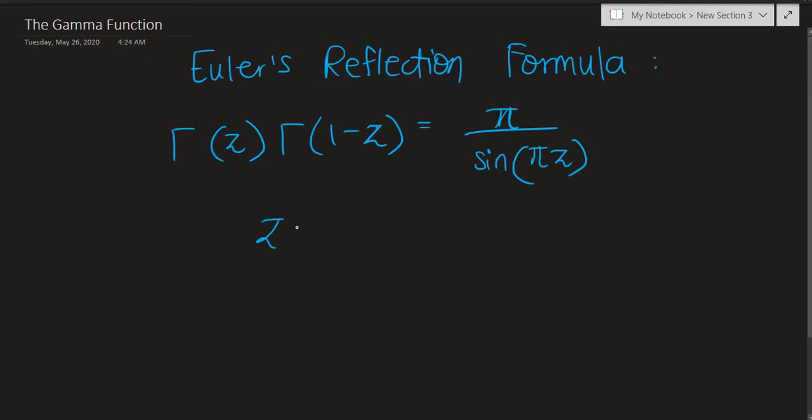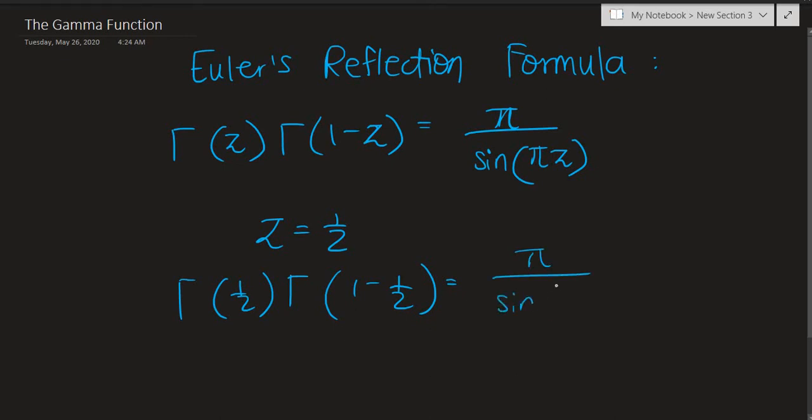So now if we plug in z equals half, we get gamma of half times gamma of 1 minus half being equal to pi over sine of half pi.